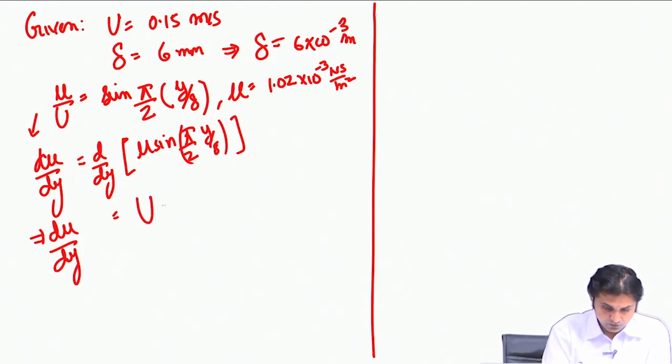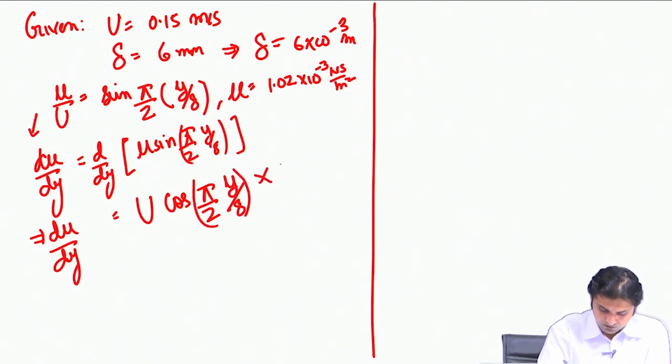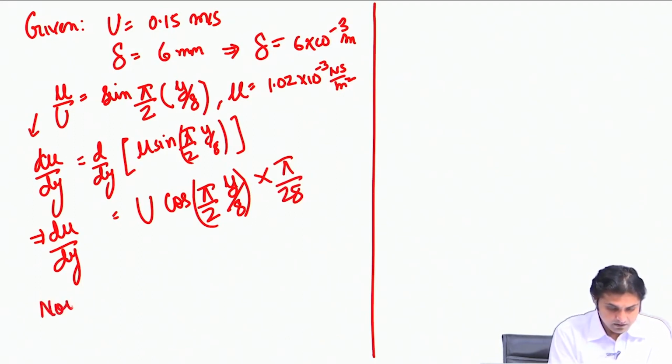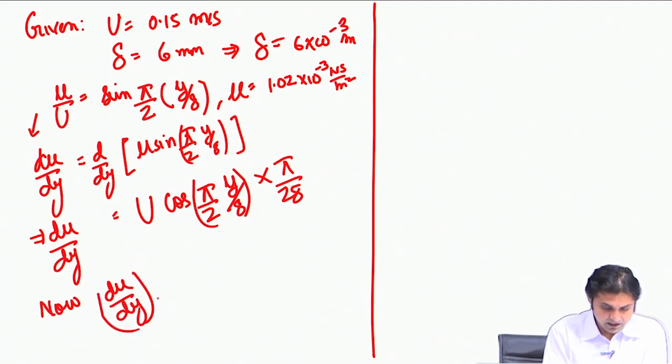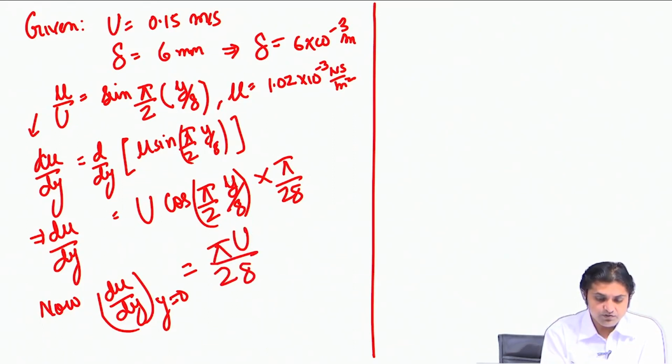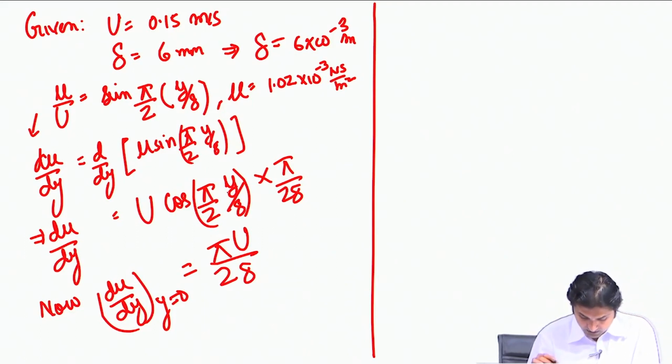So, this gives us capital U cos of pi by 2 y by delta into pi by 2 delta. Now, du by dy at y is equal to 0, we substitute y is equal to 0 here. So, this becomes pi capital U by 2 delta. If we put y is equal to 0, this cos term is going to be 1.